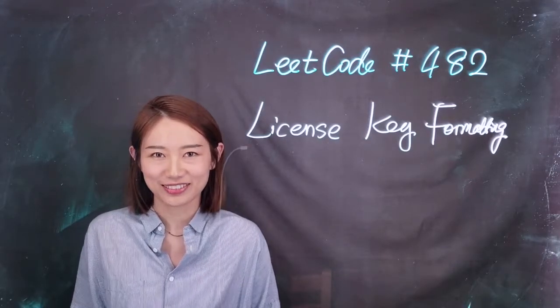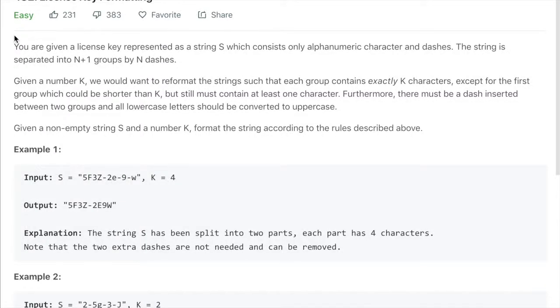So let's get started. The problem is you're given a license key represented as a string S, which consists only of numeric characters and dashes. The string is separated into n+1 groups by n dashes.